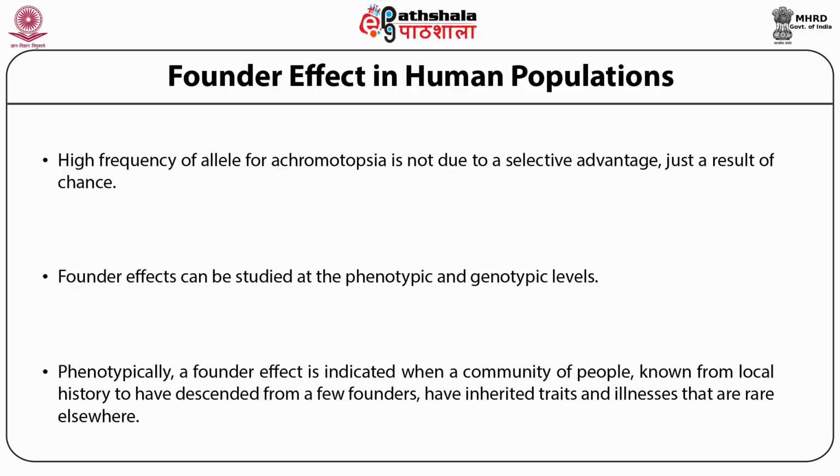BRCA1 breast cancer, for example, is most prevalent among Ashkenazi Jewish people. Nearly all affected individuals have the same 3 base deletion. In contrast, BRCA1 breast cancer is rare in Black people, but it affects families from the Ivory Coast in Africa, the Bahamas, and the southeastern United States.